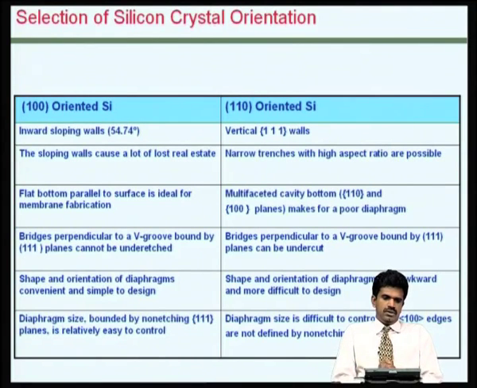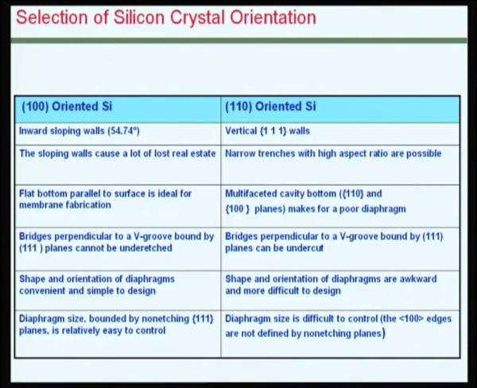As we have seen, depending on whether 100 oriented wafer or 111 wafer is used, different types of sidewalls are possible. In 110 wafers, many of the sidewalls could be vertical. If you recall, it is not possible to form vertical sidewalls from all the 4 sides of the cavity in a 110 wafer.